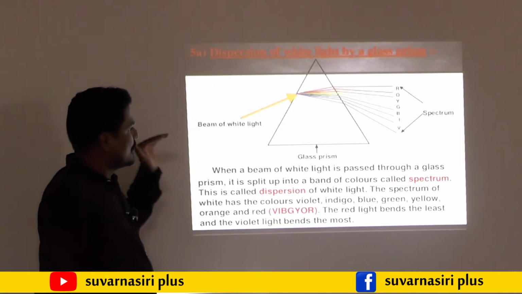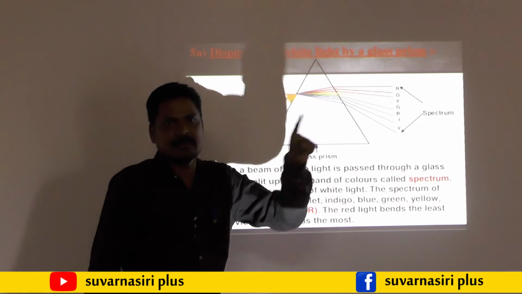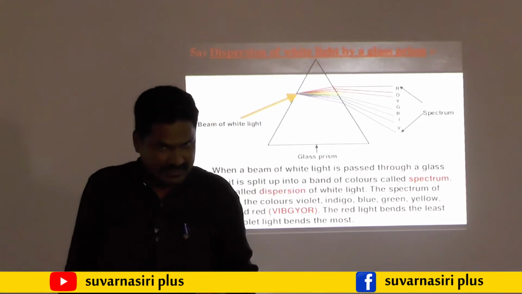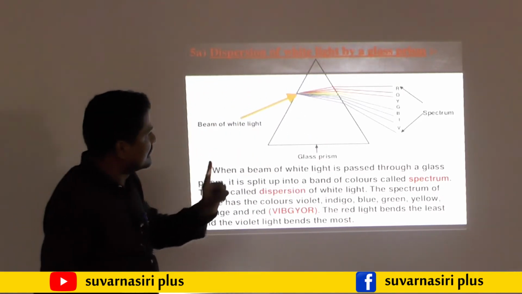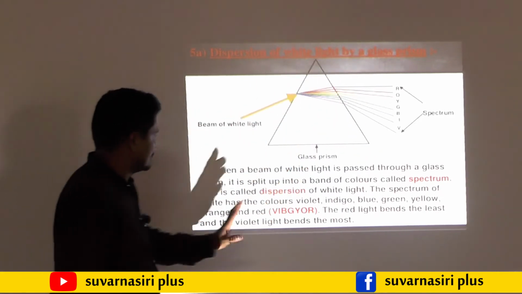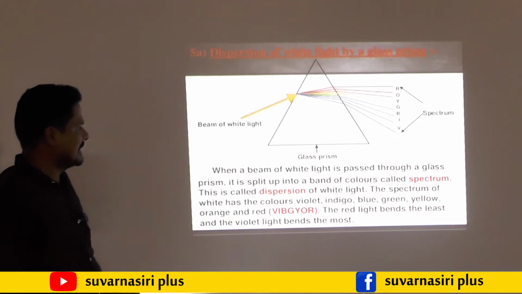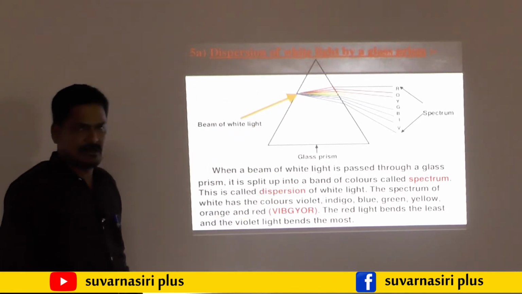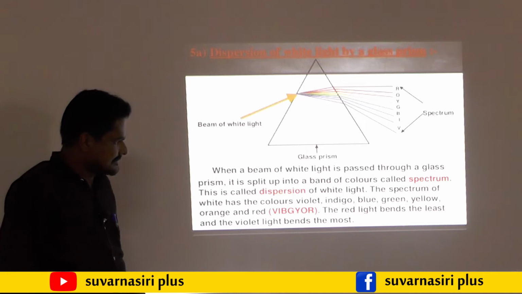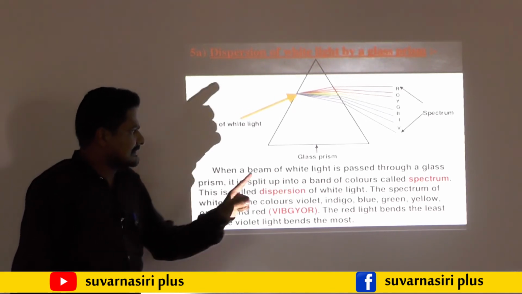Dispersion is white light passing through the prism and splitting into its constituent colors. When a beam of white light passes through the glass prism, it splits into a band of colors called a spectrum. This is called dispersion of white light.